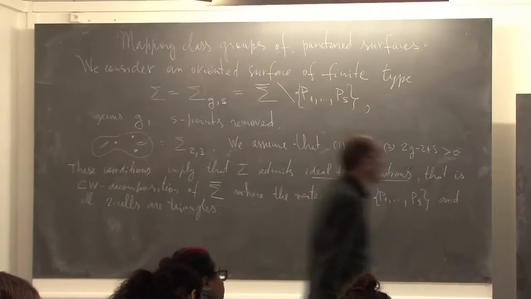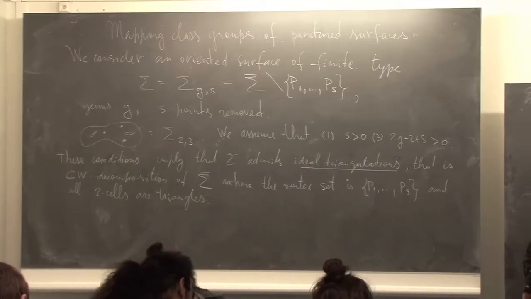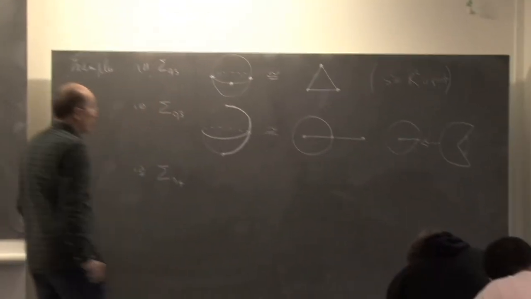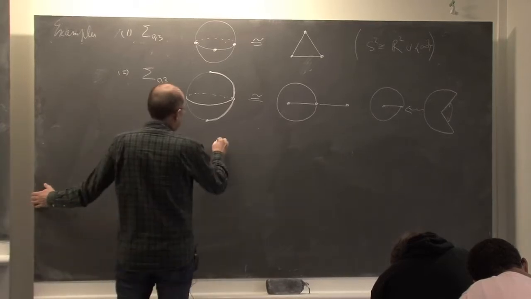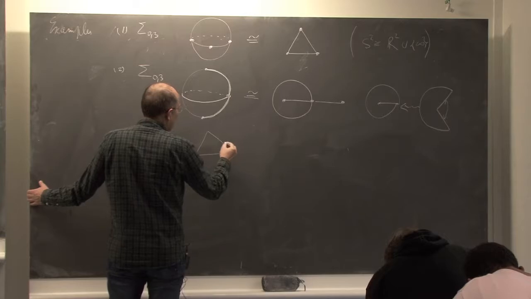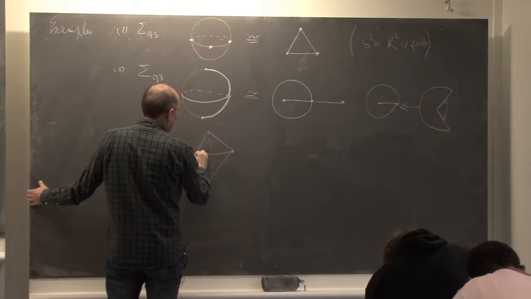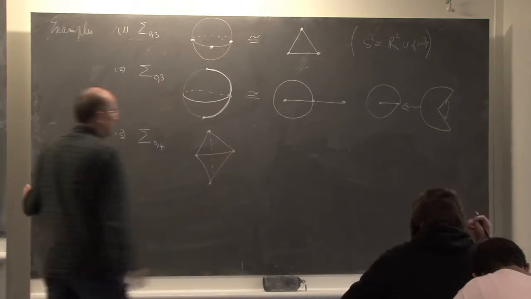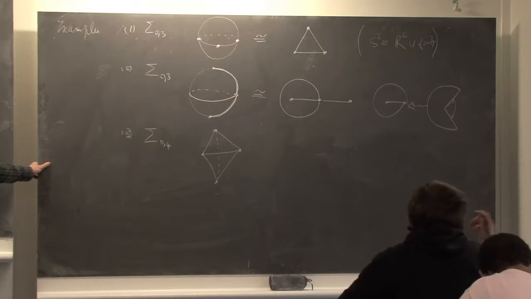Let us see sigma 0,4. So we have one more puncture on the sphere, and we can think of, for example, the boundary of a tetrahedron, and the natural cellular decomposition into edges and triangles.